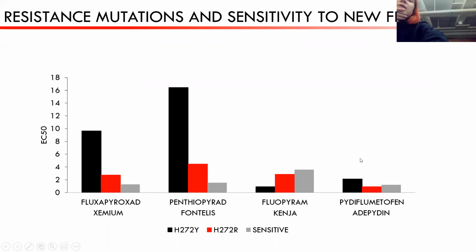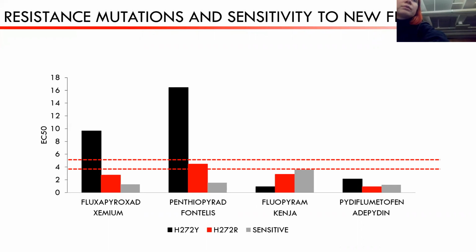When we look at these results, we still don't know whether these strains will be controlled by field rates of fungicides. So we don't know where the threshold of resistance is, what is the true resistance? Is the threshold somewhere here, or is the threshold somewhere higher?